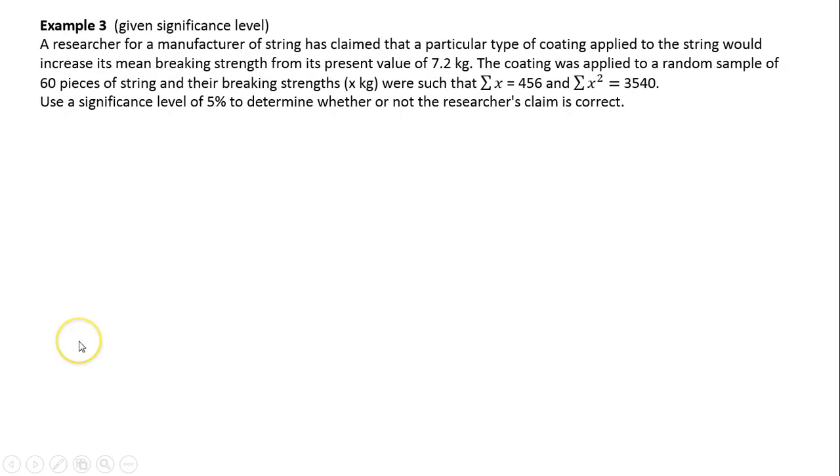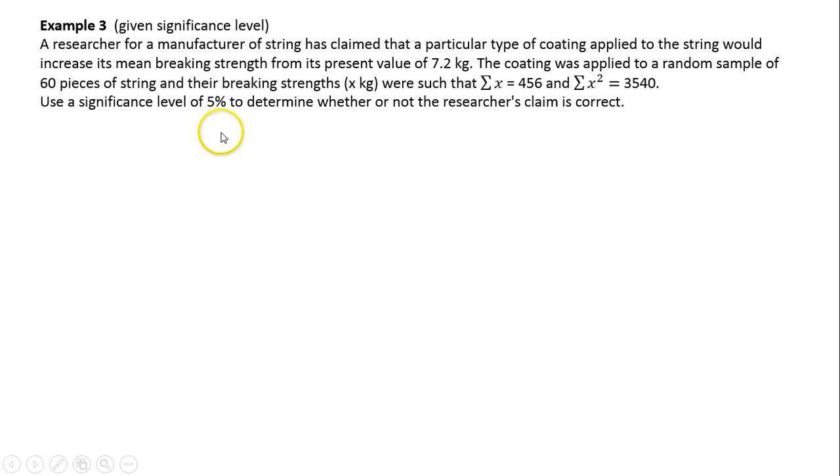Example 3. If you're given now the significance level, a researcher for a manufacturer of string has claimed that a particular type of coating applied to the string would increase its mean breaking strength from its present value of 7.2 kilograms. A coating was applied to a random sample of 60 pieces of string, and their breaking strengths were such that the sum of x was 456 and the sum of x squared, each squared value of x, the sum of those was 3540.